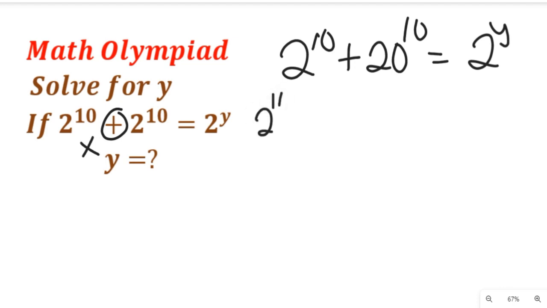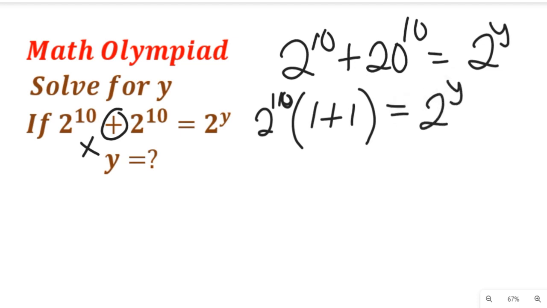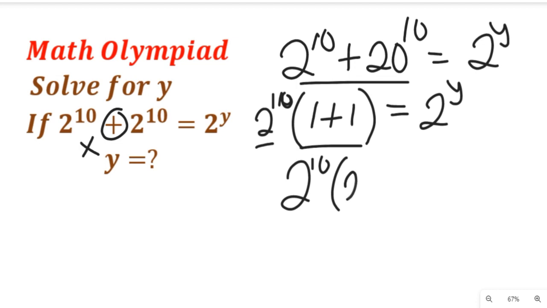I want to use the logic here. If 2 to the power of 10 is common here, I can say this is 1 plus 1, and this will be equal to 2 to the power of y. I've not changed anything because this whole thing multiplied by this whole thing will still give me this value. So if I say 2 to the power of 10 times 2, this is equal to 2 to the power of y.